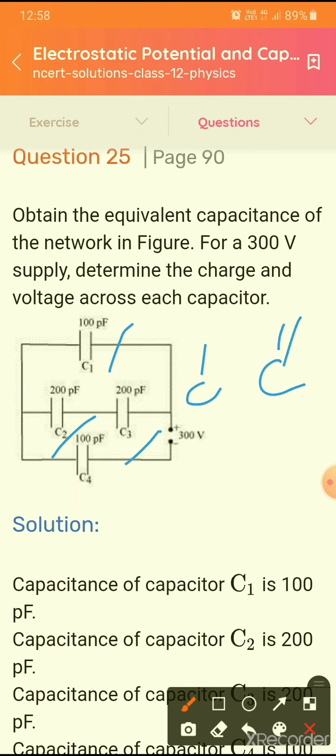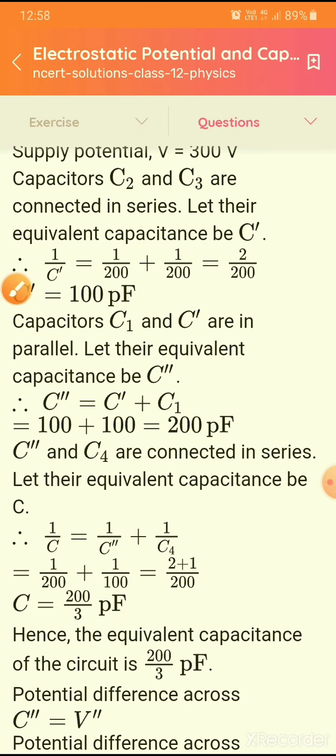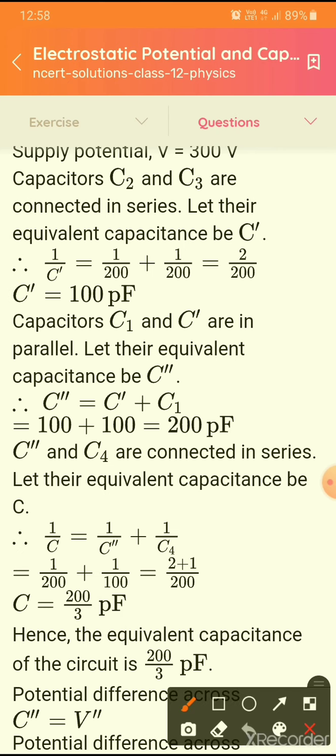C2 dash and C4 are connected in series, so the total equivalent capacitance is given by 1 by C is equal to 1 by C2 dash plus 1 by C4.